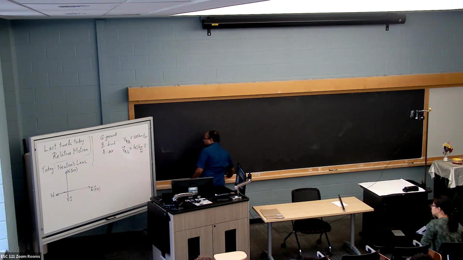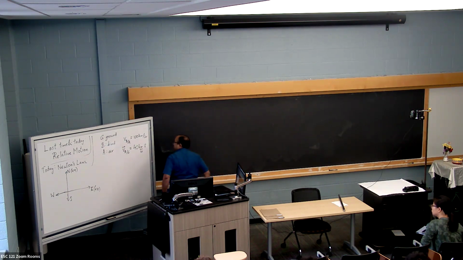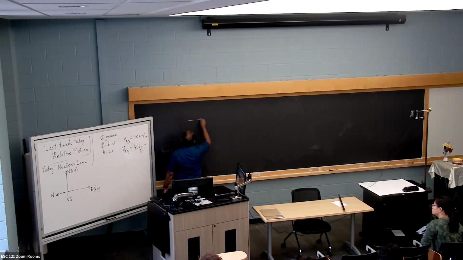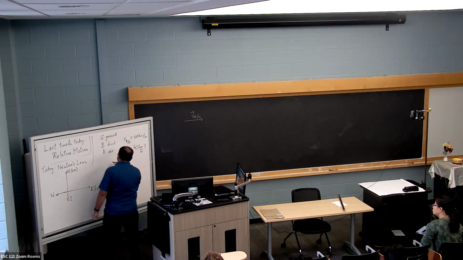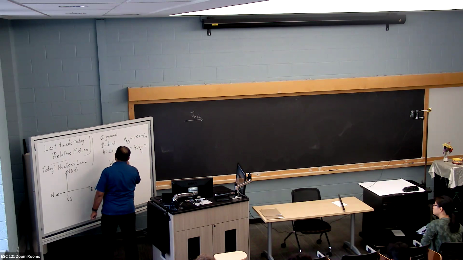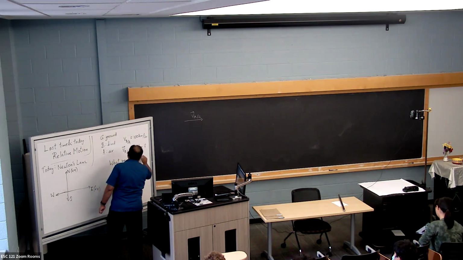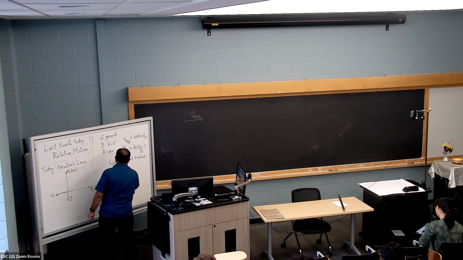All right, so what do we have? We have the velocity of the air with respect to the ground. And what we want, I should have put that on the whiteboard here, just jot it down. What we want to achieve is that the velocity of the bird with respect to the ground should be in which direction?